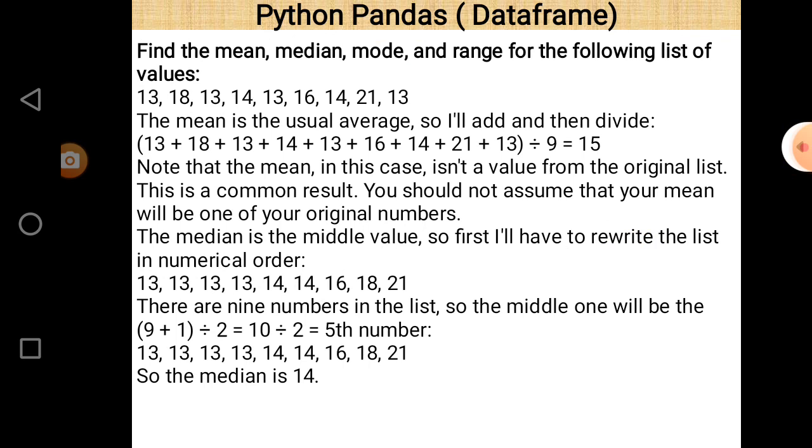So there are 9 values, and the middle value is the fifth number, and the fifth number contains 14, so that's why 14 is the median. The formula for this is total number of values plus 1 divided by 2. So in this case we can easily find out the median.